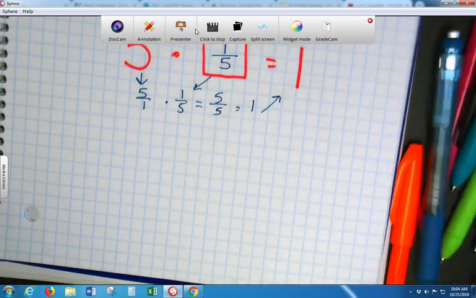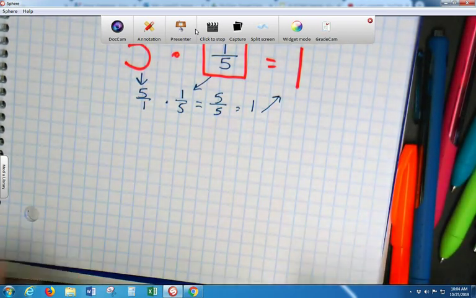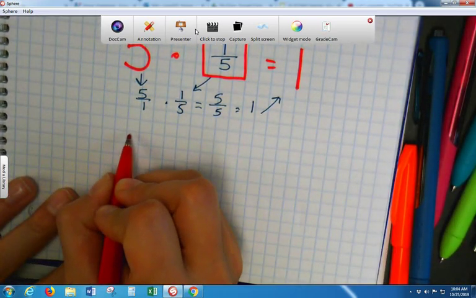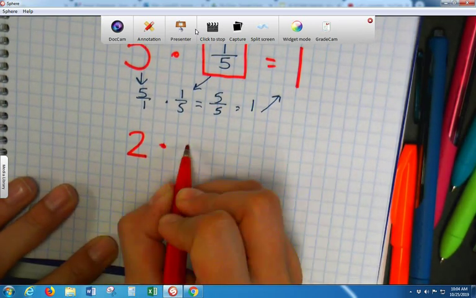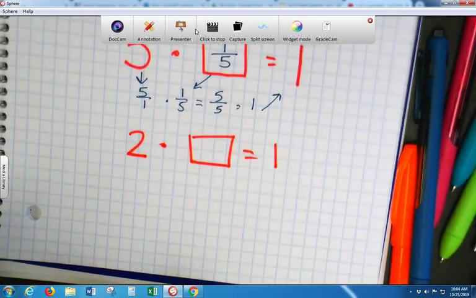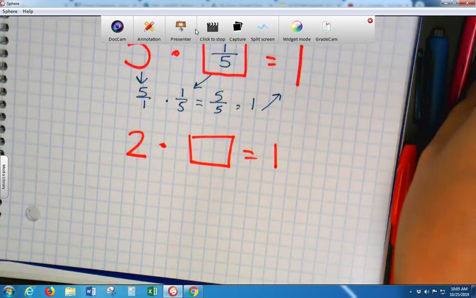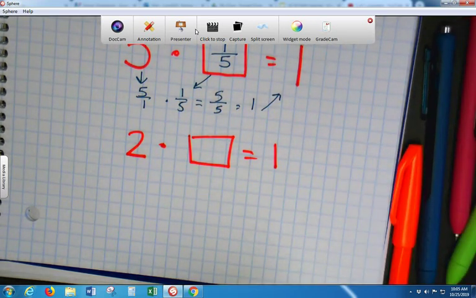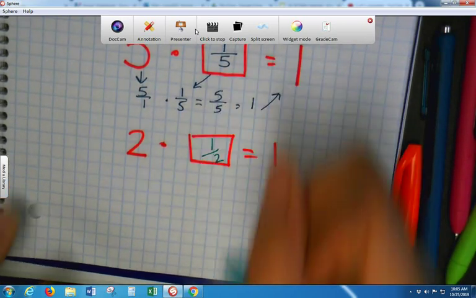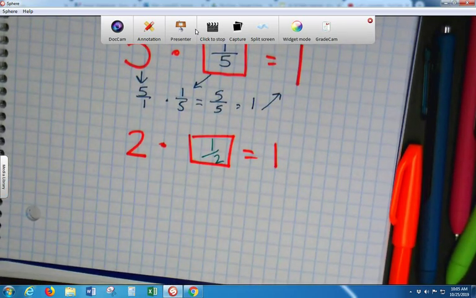So, let's see if you guys can figure this out. 2 times what equals 1? Fraction. Yes. There's a pattern.